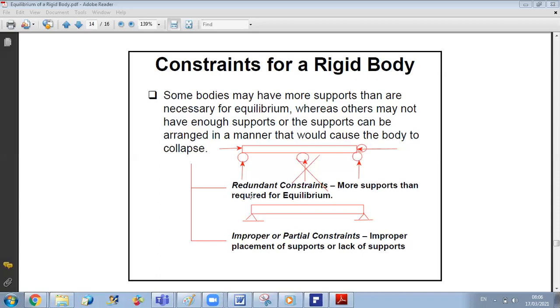So here I will have two reactions in x and y, and here also two reactions in x and y. So I will have four unknowns, but the equilibrium relations will just give me three equations. So in this case, my structure will be in equilibrium, but I'm not able to solve for my unknowns. I need a fourth relation that I can't get from statics. I need something else. So this is redundant constraints, more supports than required for equilibrium.